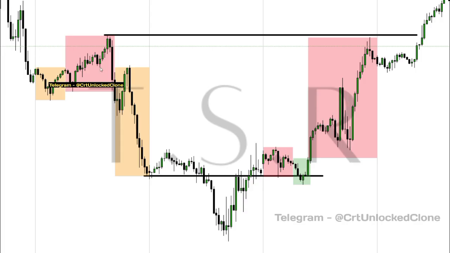This is a 30-minute time frame. As you can see in the first candlestick, the accumulation candlestick, price consolidates, manipulates, and expands. In the third candle, you can see price consolidates, manipulates, and expands.